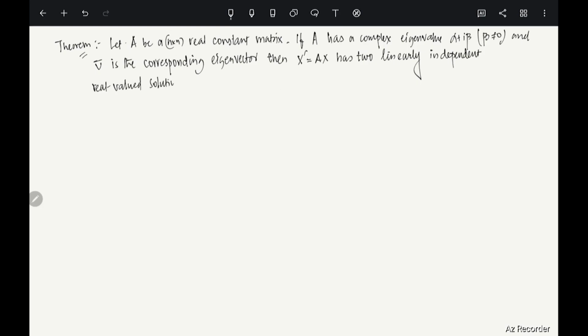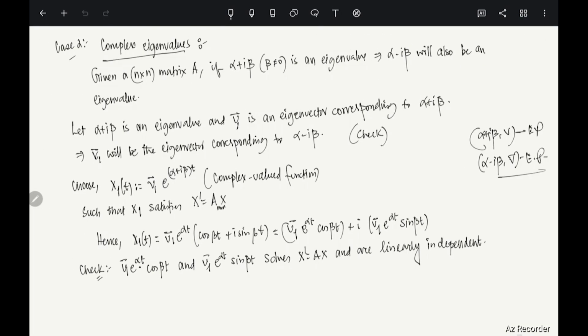And what are they? They are given by, let's just write it, x1 of t, which is v1 e^(alpha t) cosine(beta t), which is nothing but the real part of x1.